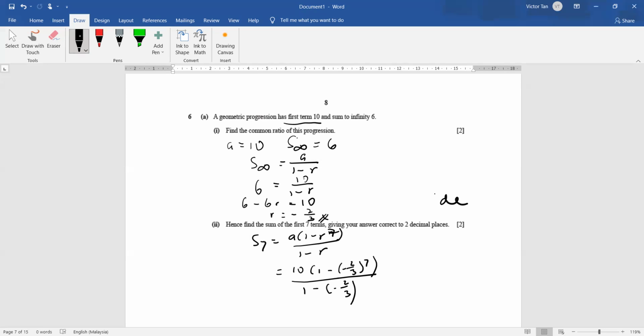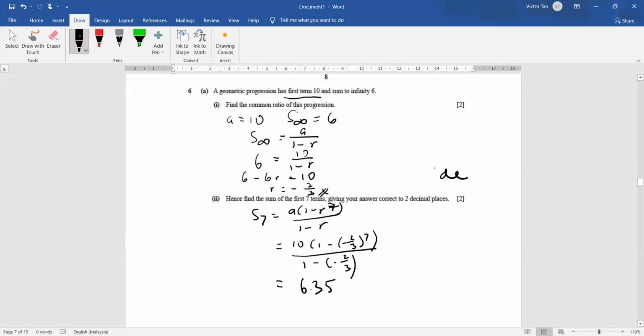Okay, to 2 decimal places, you will equal 6.35. Okay, something is wrong. Now you have to be careful because it cannot be larger than 6, because the sum to infinity is 6. So I'm going to calculate again.